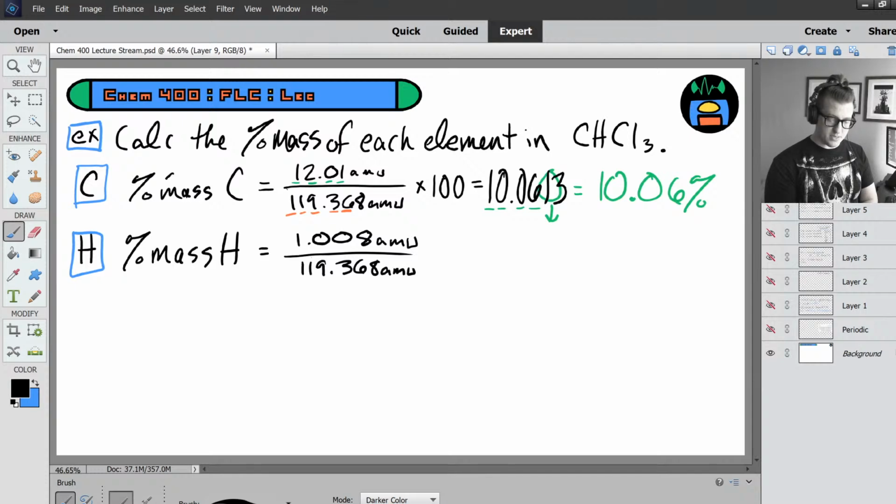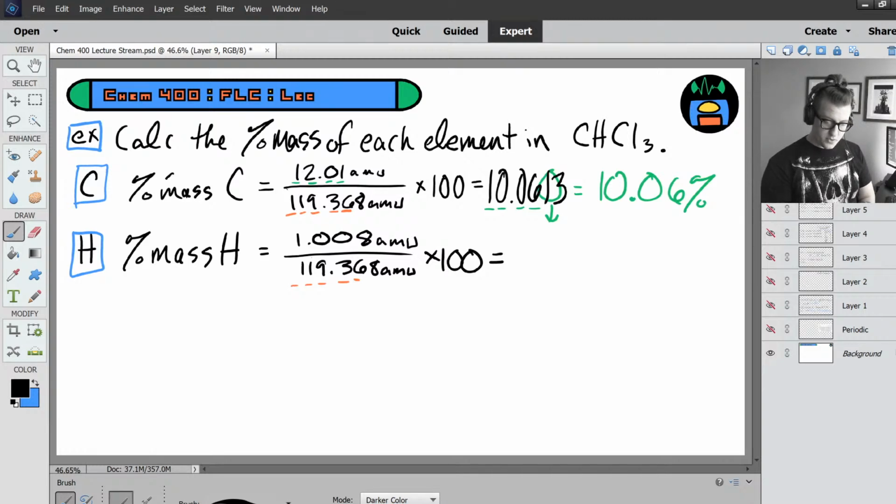We get to reuse it, which is nice. Again, this denominator has 5 sig figs. Multiply this by 100. So we have 1.008 divided by 119.368 times 100.